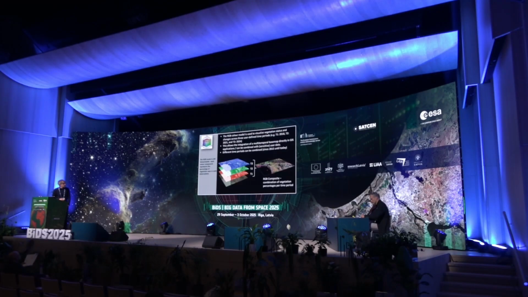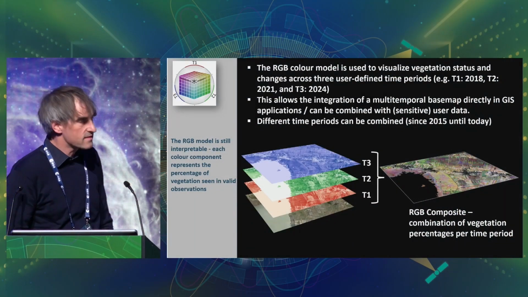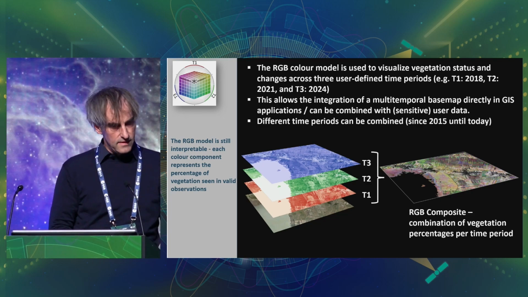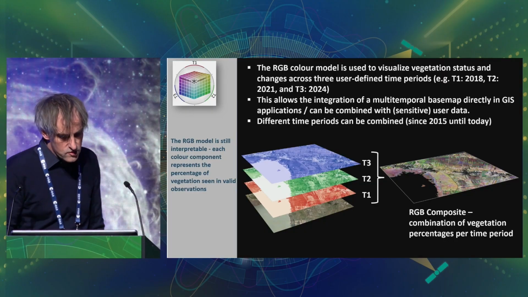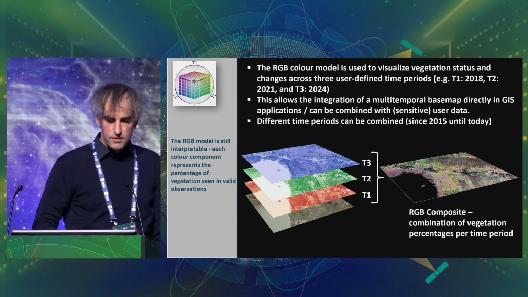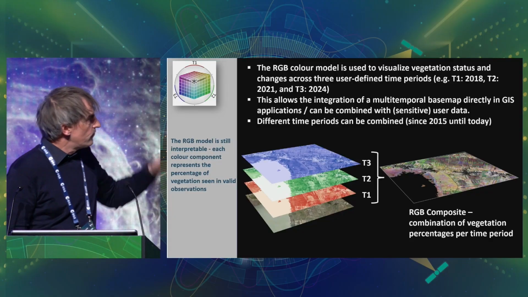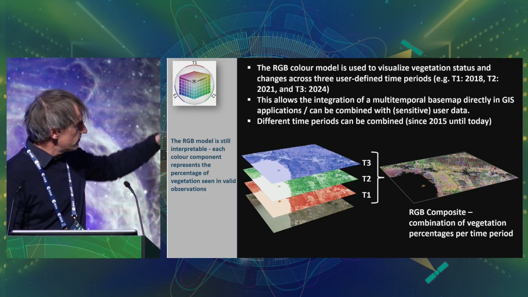And now we come to the layer and the idea here. We are not the first ones who are doing an RGB compositing, but I explain in the next slides why it's a bit different and why we have in the title, it's still easy to interpret here. So we use now the RGB color model to visualize the vegetation status of different years. For example, time 1 would be 2018, time 2, 2021, time 3, 2024.